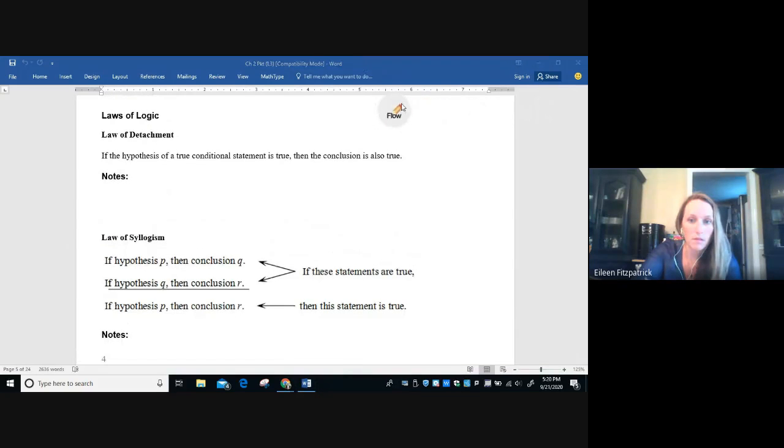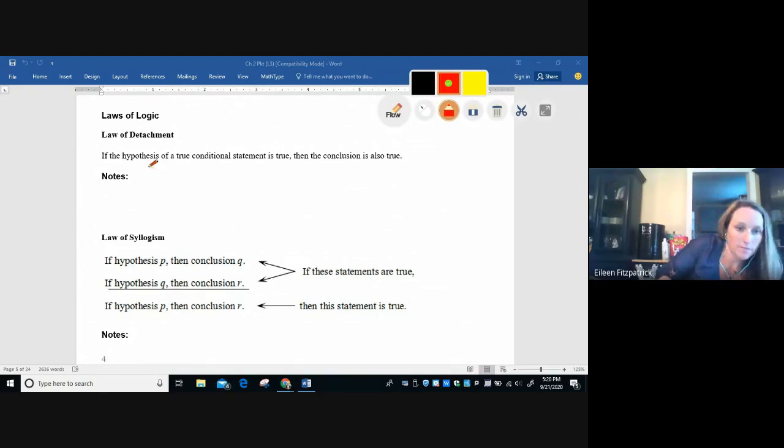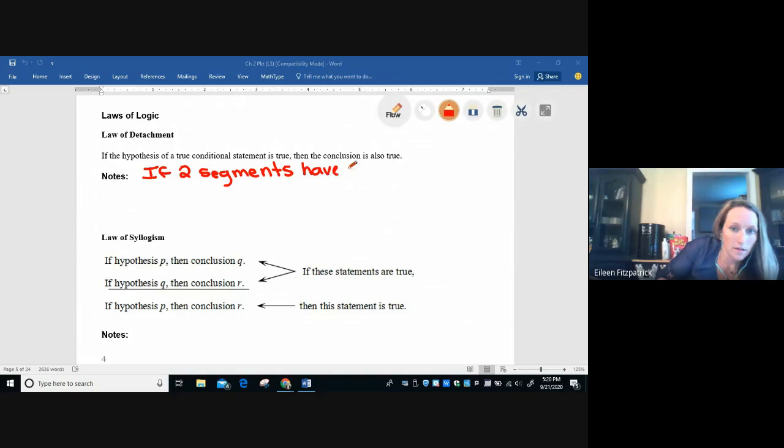So let's see. All right, so for law of detachment, I'm going to say if two segments have the same length, then they are congruent.